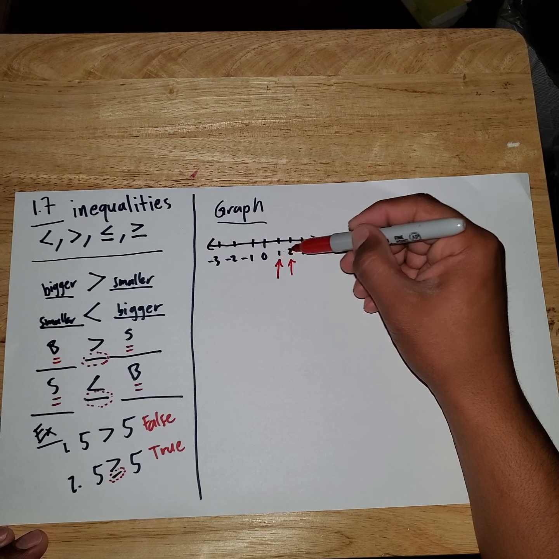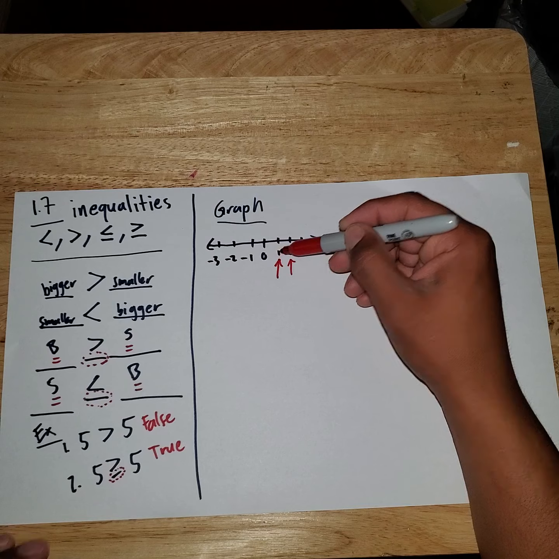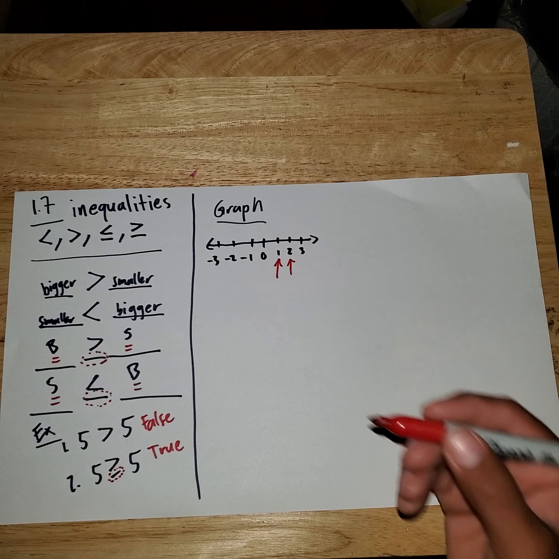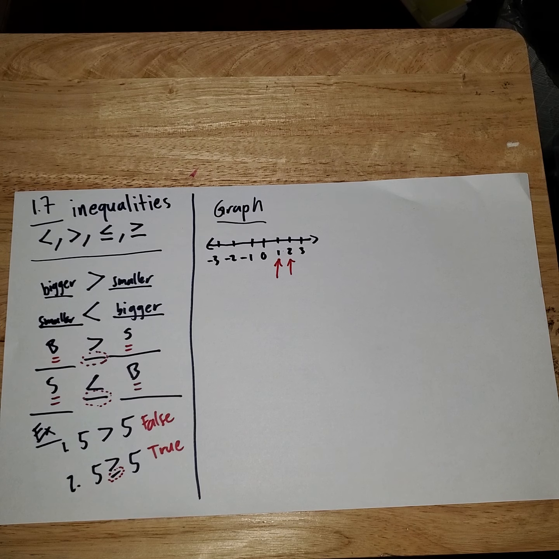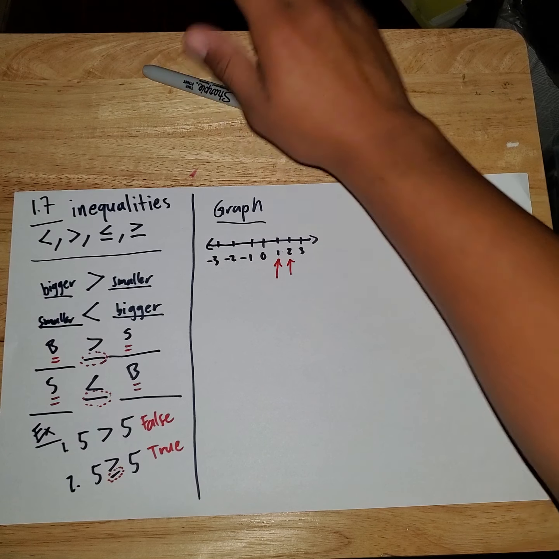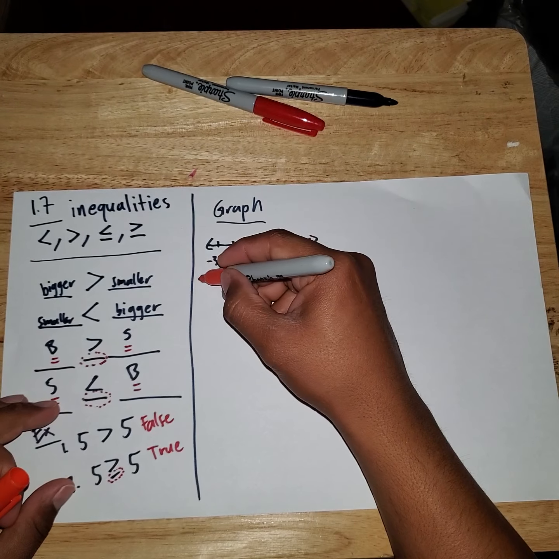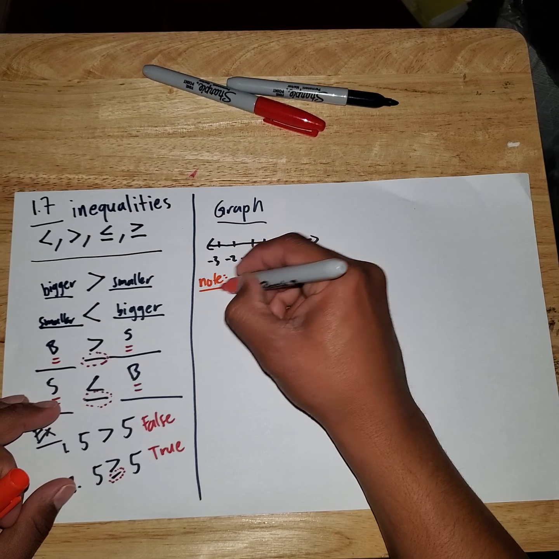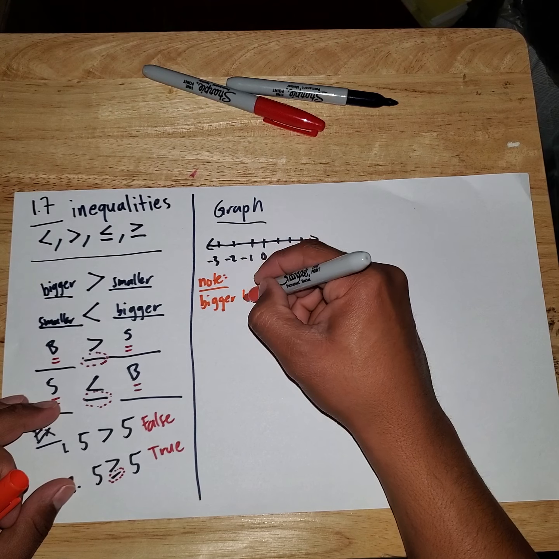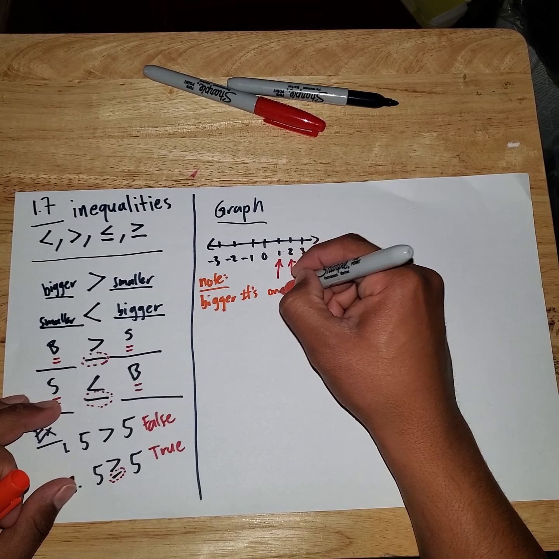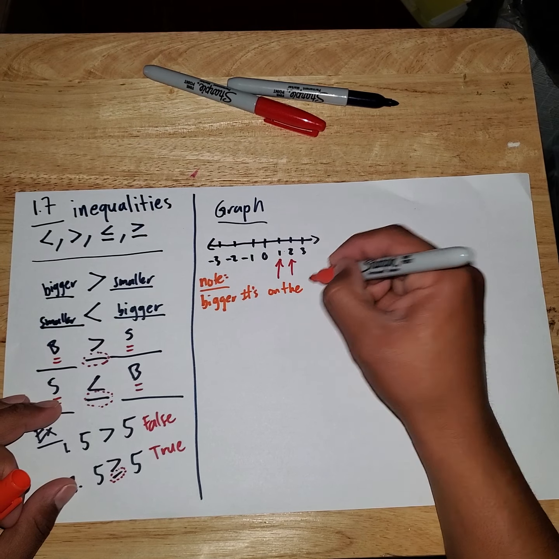The number that's bigger is on the right. The number that's smaller is on the left. So always remember that. Let me write that here somewhere. Just something to note. Bigger numbers on the right.